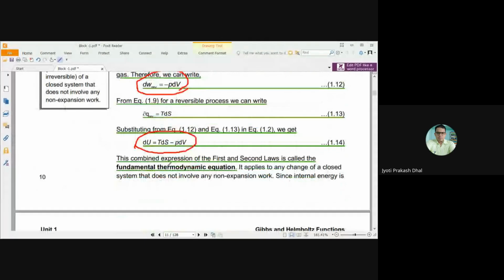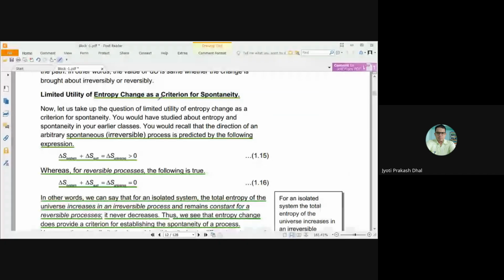This combined expression of the first and second law is called the fundamental thermodynamic equation. So the exam question may come: derive the fundamental thermodynamic equation.